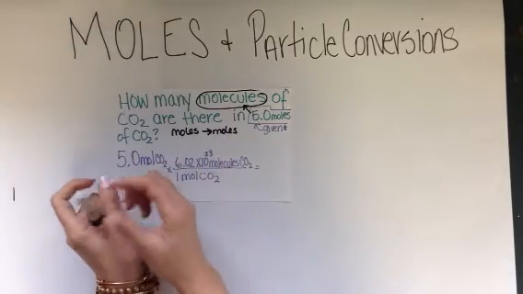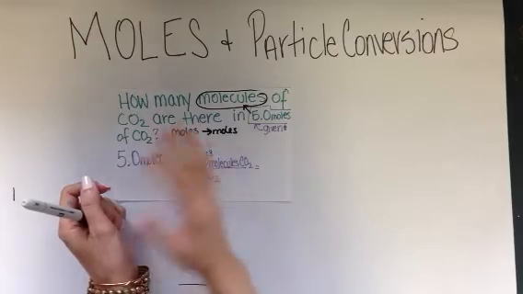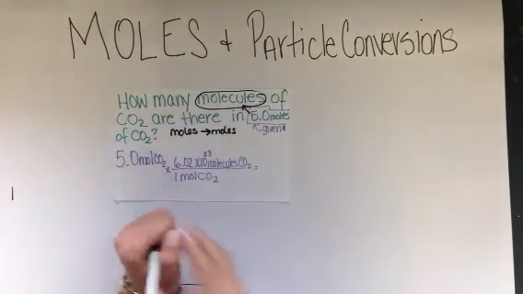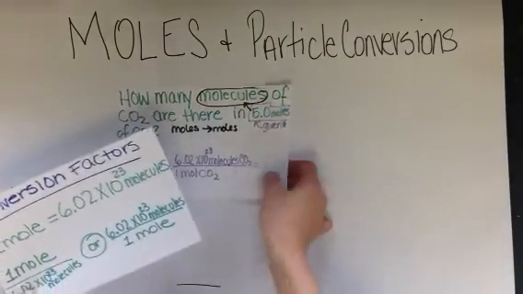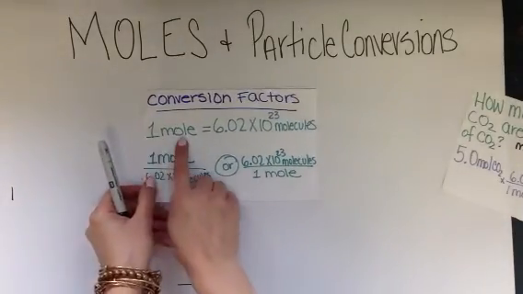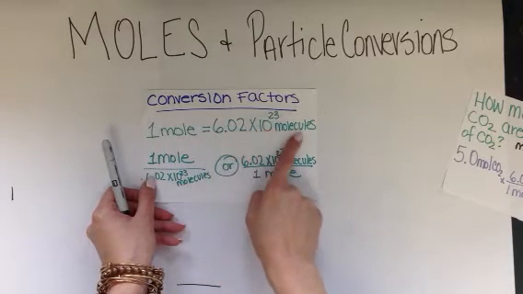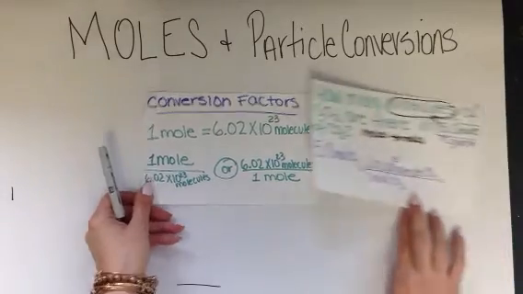Well, I know that a mole of something is 6.02 times 10 to the 23rd of whatever you have. We have molecules that we want to go to. So 1 mole is equal to 6.02 times 10 to the 23rd molecules, right? Let's bring up that molecule one really quickly. 1 mole of whatever you have is 6.02 times 10 to the 23rd molecules. All right, that's easy enough.